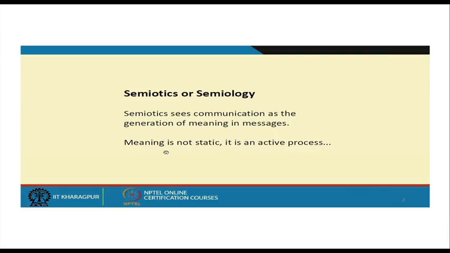So meaning is never static, it is an active process. What does that mean? It means that meaning is ever changing. It keeps on changing with time, with people, with culture, with society, with different other influences. We will talk about that a little later when we look into the structure of semiotics. We will see how and why we are calling it an active process rather than a static process.